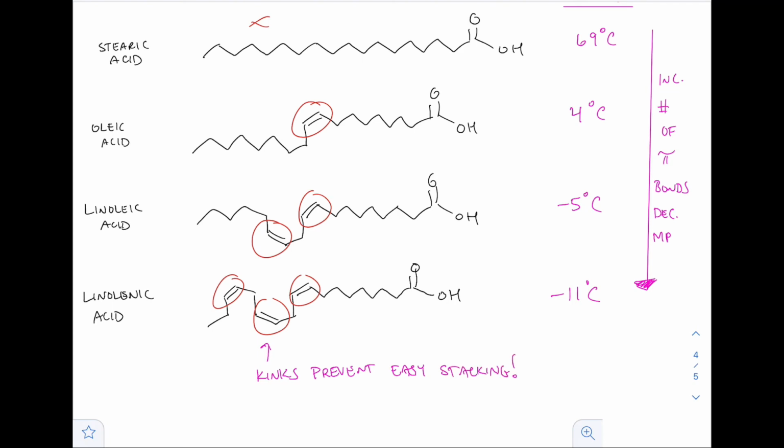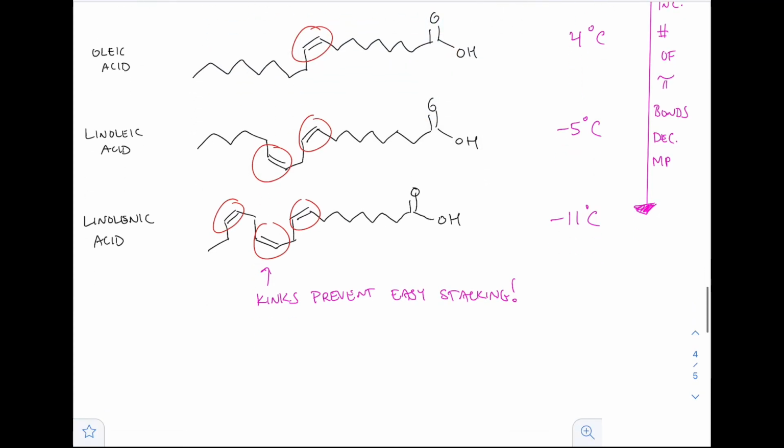That is solid at room temperature as well, because it doesn't have any double bonds, or it has very little. So those kinks prevent easy stacking, and so therefore you're limiting the amount of intermolecular forces that can occur, and so that's why you're lowering the melting point.